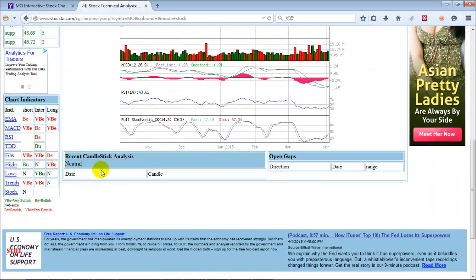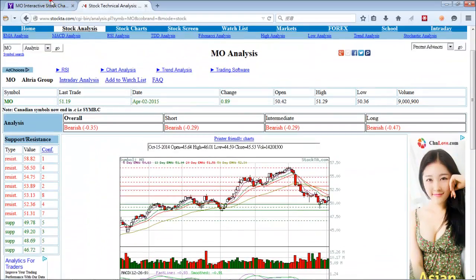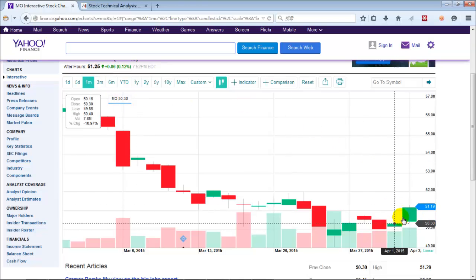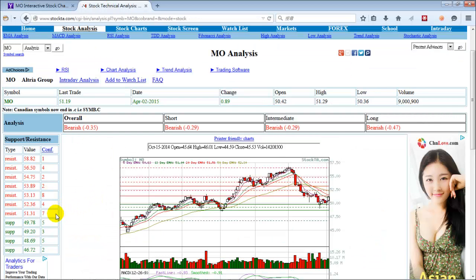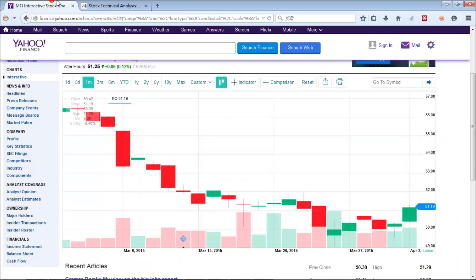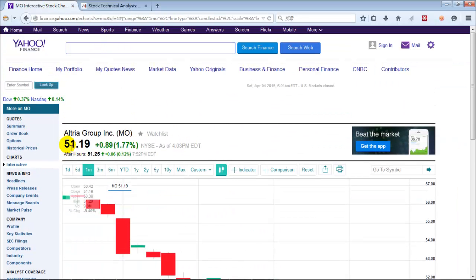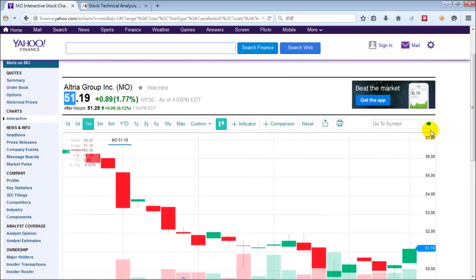There's nothing really interesting about the chart indicators, but this candlestick pattern shows us that there's a reversal probably coming soon, and that it could shoot up to break its next resistance level, which is at 51.31. This is a short-term swing trade. It's a little expensive, but it might be worth getting in on.